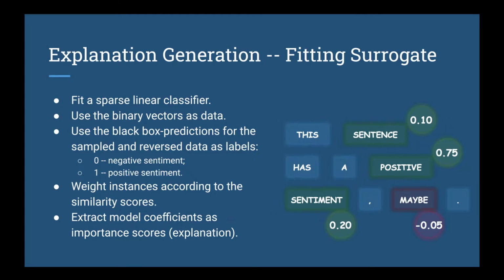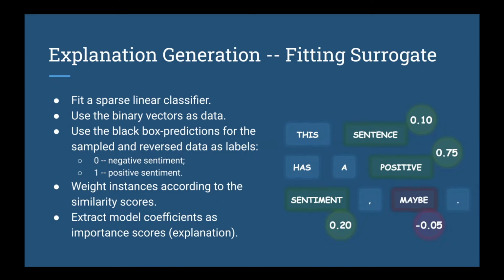So here you can see visualization of the same explanation for the sentence, which is way more readable because you can see that the word positive has high influence, high contribution to the positive sentiment prediction. Sentiment has also some positive contribution, sentence as well, and maybe has a small negative contribution to the prediction of positive sentiment for this sentence.